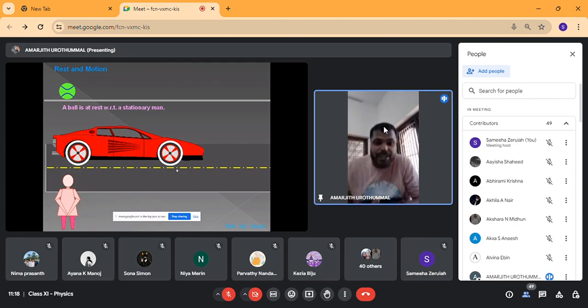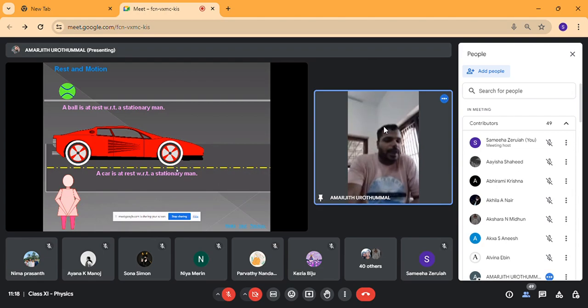So we cannot generalize and say that the ball is at rest. Whenever we say rest or motion condition, we have to say with respect to what. With respect to that man, the car is also at rest. Clear? When we say rest, we say with respect to whom. That is called the frame of reference.